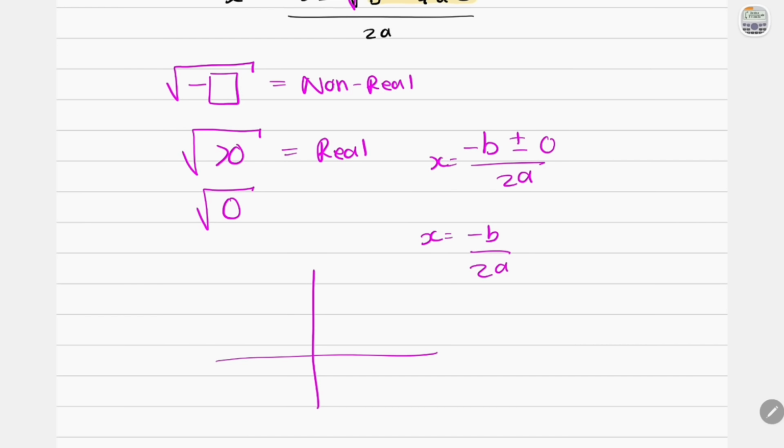The reason we're getting this answer when we substitute 0 here is because if you had a parabola, and the discriminant is equal to 0, then you square root 0 to get 0. This is where we find equal roots. Meaning, for example, roots like x minus 1 times x minus 1.